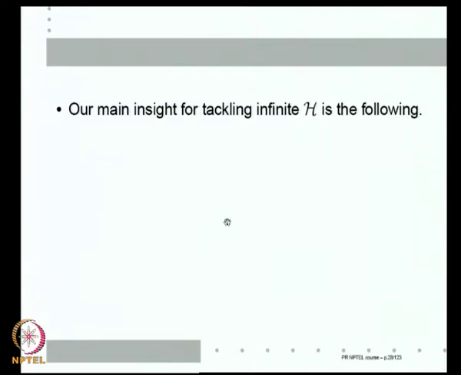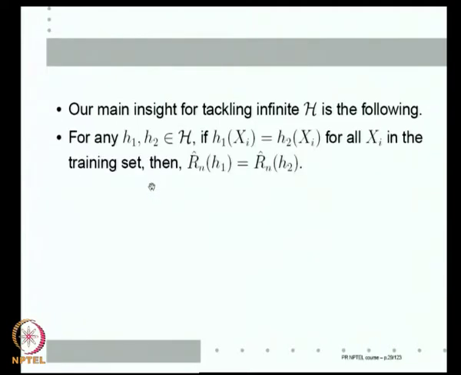Now, how do we tackle the infinite H case? As we very briefly discussed towards the end of last class, our main insight for tackling the infinite H case is the following. If I take any two functions h1, h2 in my bag of classifiers such that h1(xi) is equal to h2(xi) for all xi in the training set, they take the same values on the training set, then R hat n(h1) is equal to R hat n(h2).